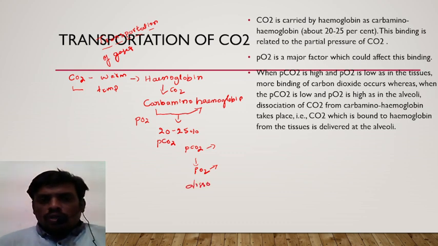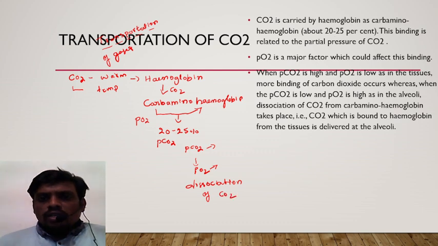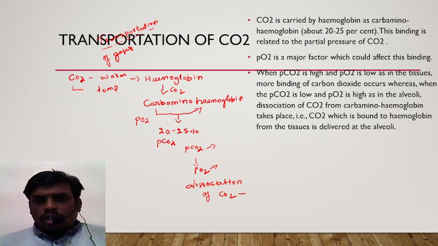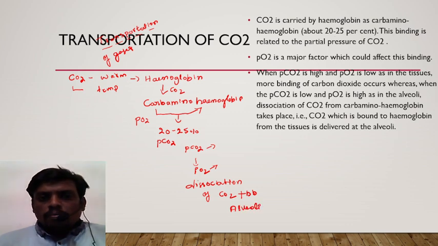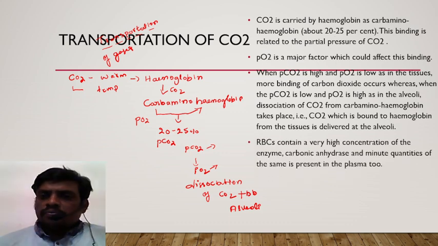Dissociation or breakdown of CO2 from the carbamino hemoglobin takes place. CO2 bound to hemoglobin from the tissues is delivered at the alveoli by dissociation from the hemoglobin.